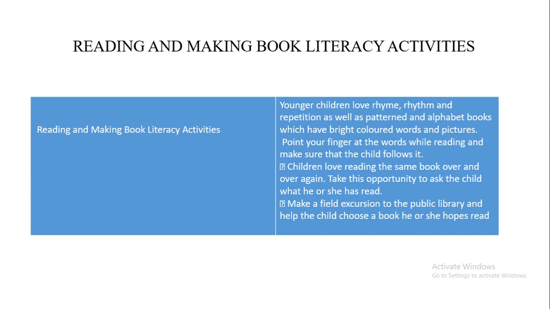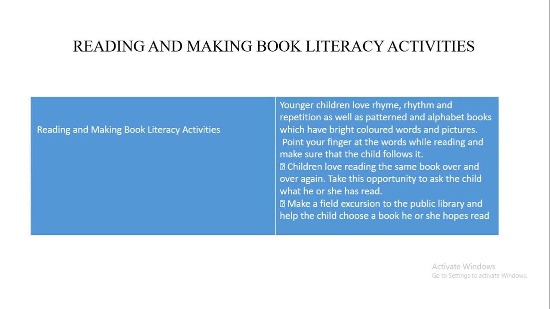Here we can see some of the reading and literacy activities. You can see that young children love rhyme, rhythm and repetition, as well as patterned and alphabet books which have bright colored words and pictures. A teacher can point a finger at a word while reading and make sure that the child follows it.